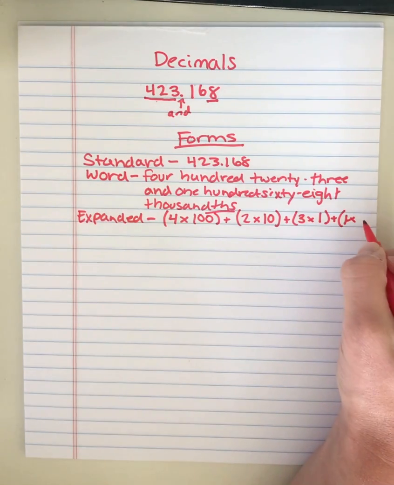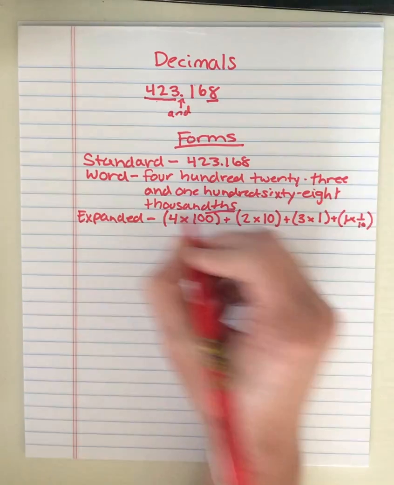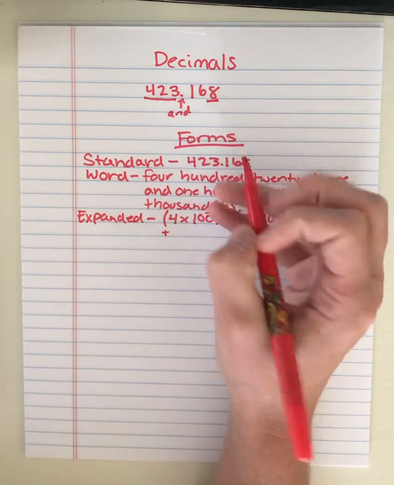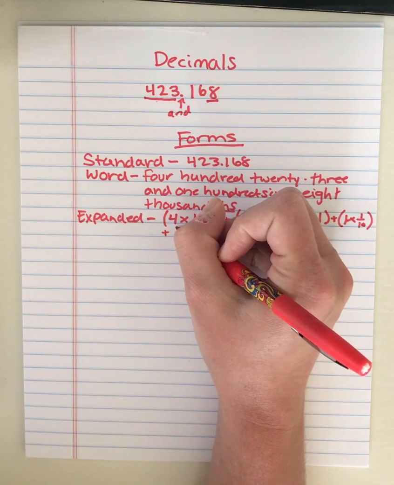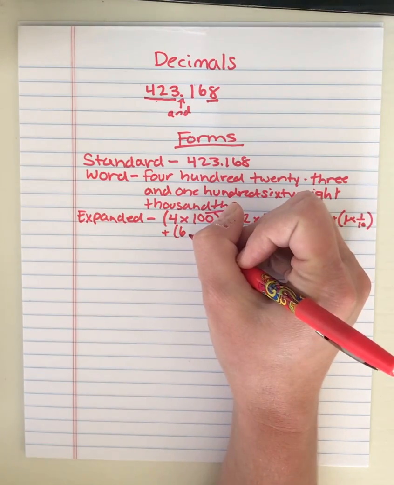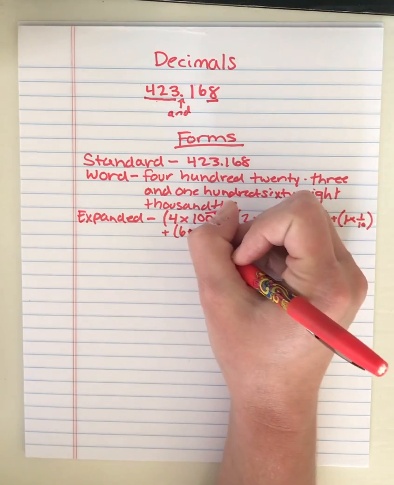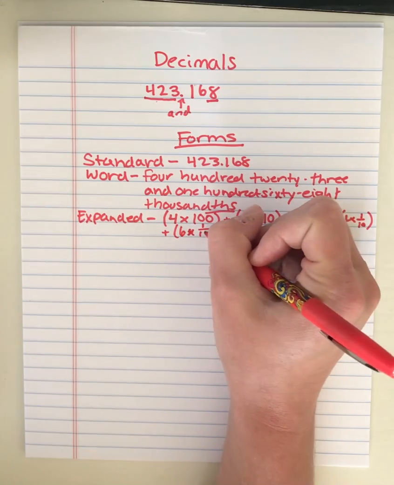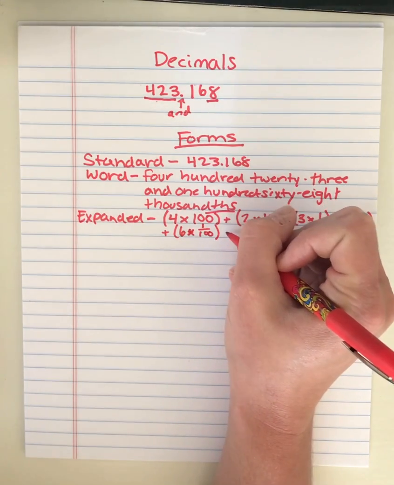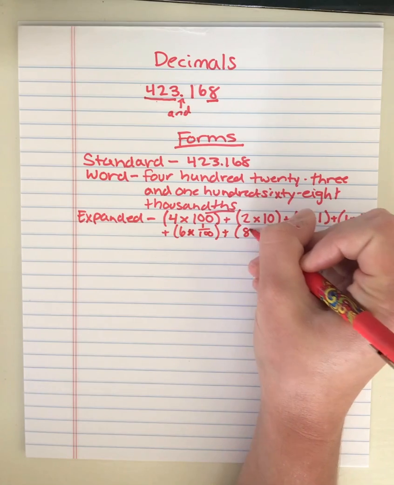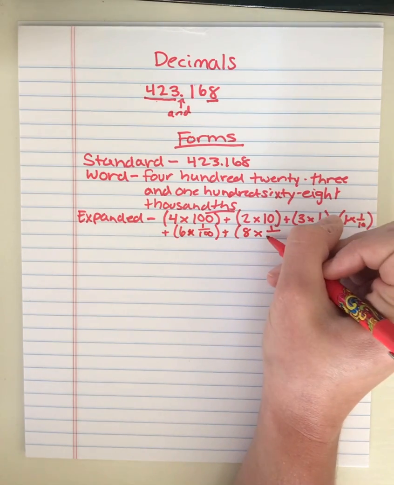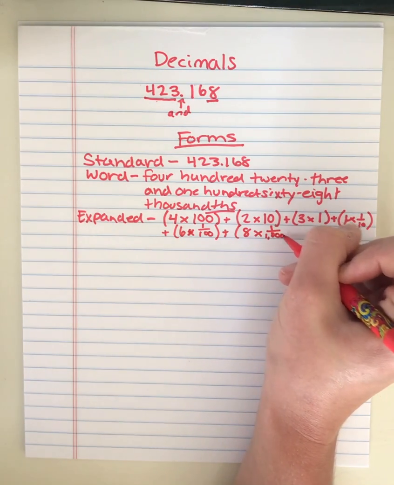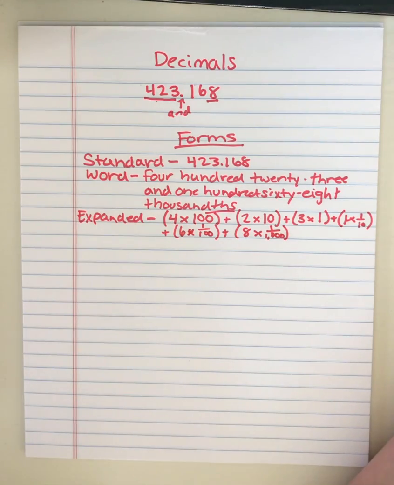Hopefully you remember we represent the tenths place by writing 1/10 plus the 6 is in the hundredths place and we represent that by writing hundredths. And then finally the 8 is in the thousandths place and we represent that by writing thousandths.